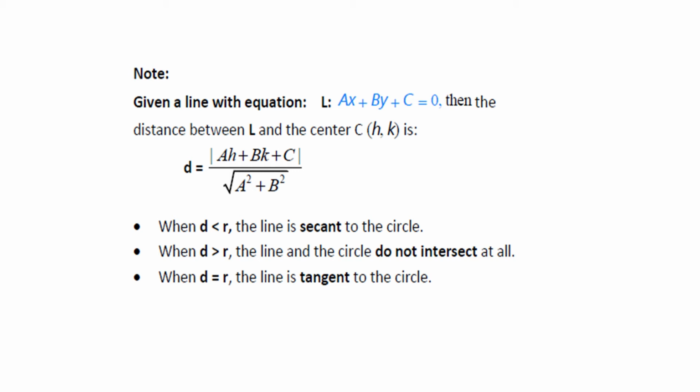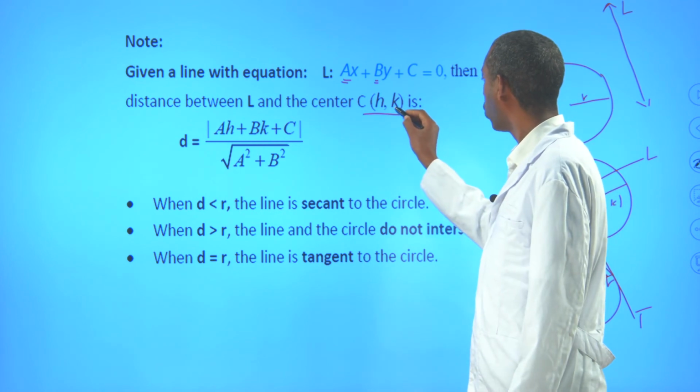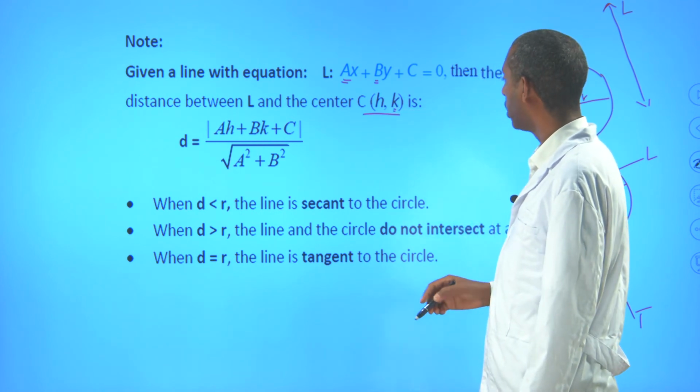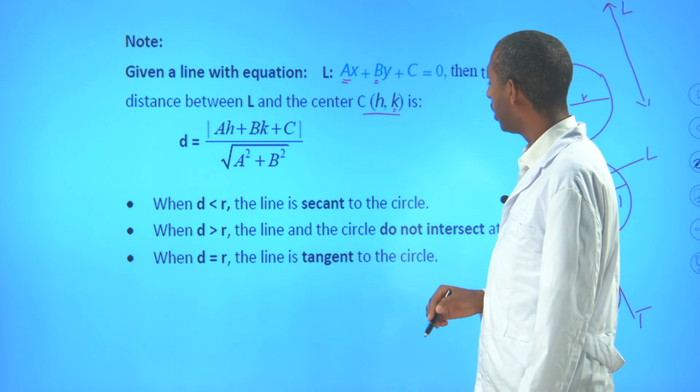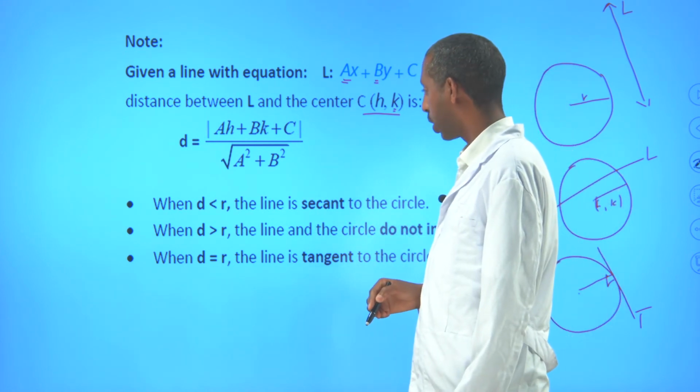D equals the absolute value of A times H, where A is the coefficient of x and H is the x coordinate of the center, plus B times K, where B is the coefficient of y and K is the y coordinate of the center, plus the constant C, divided by the square root of A squared plus B squared.